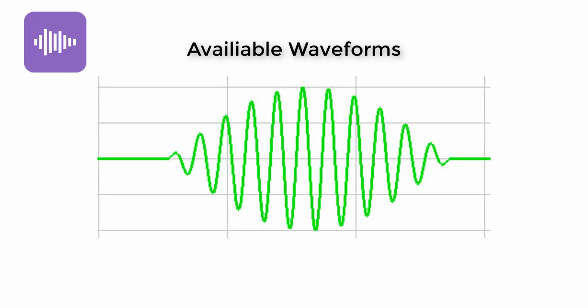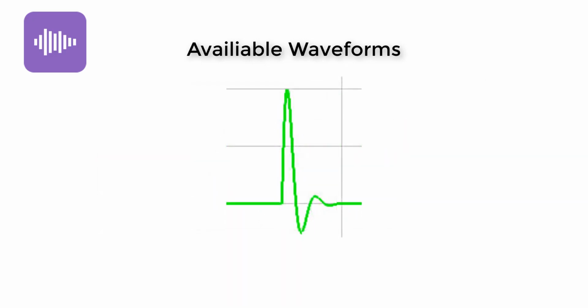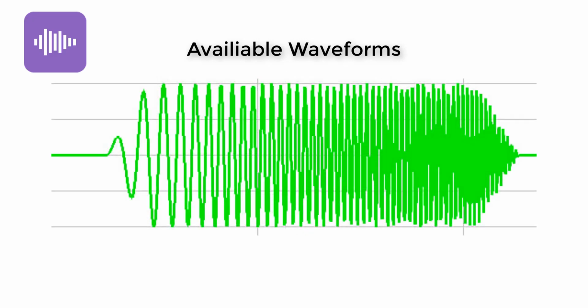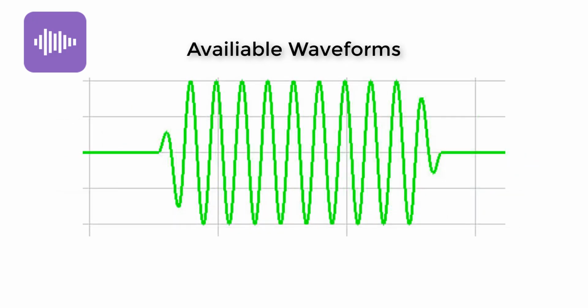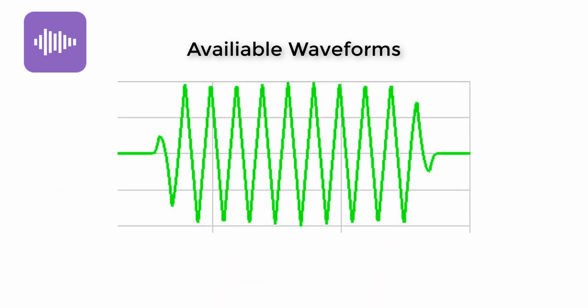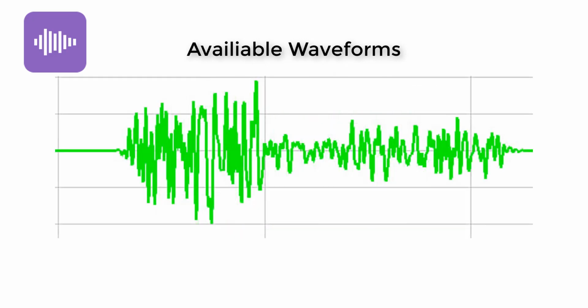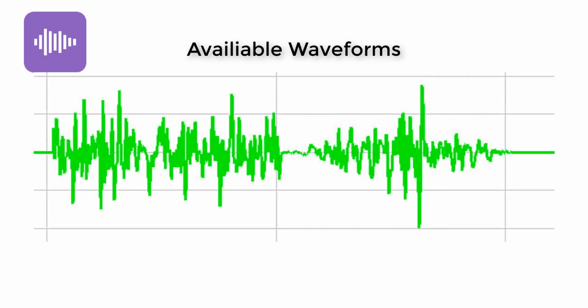For example, it can be a sine shock, cosine shock, damped sine wave, teardrop, sine chirp, sawtooth chirp, sine, saw, square wave, random signal, enveloped random signal, enveloped random signal with PSD, and also you can import from file.